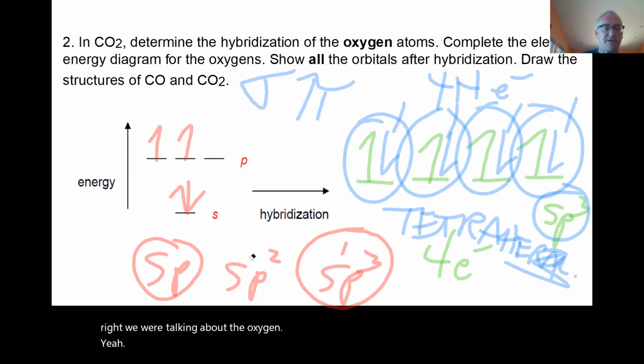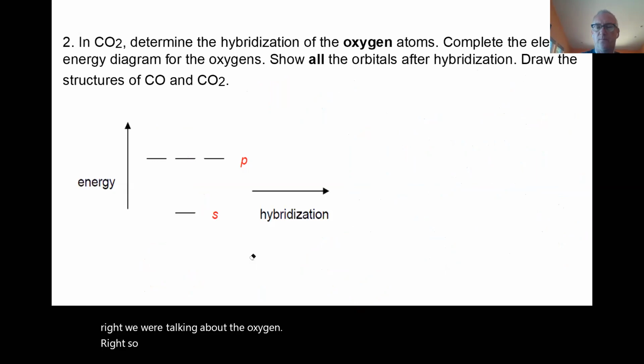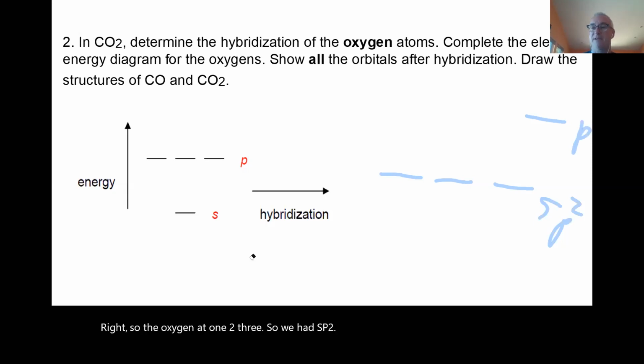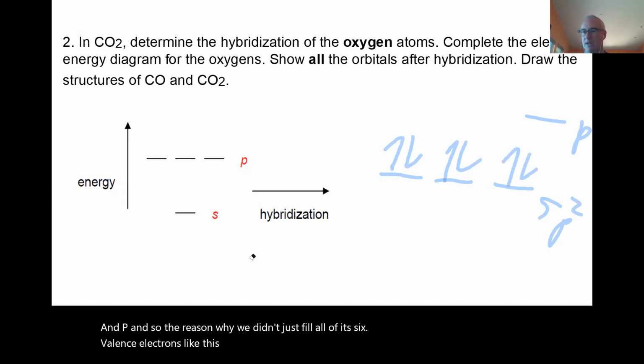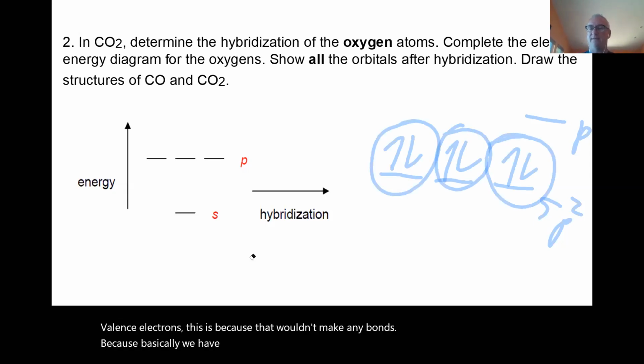Right. So with the oxygen, we had 1, 2, 3. So we had sp2 and p. And the reason why we didn't just fill all of its 6 valence electrons like this is because that wouldn't make any bonds. Basically we'd have 1, 2, 3 filled orbitals and no bonds.